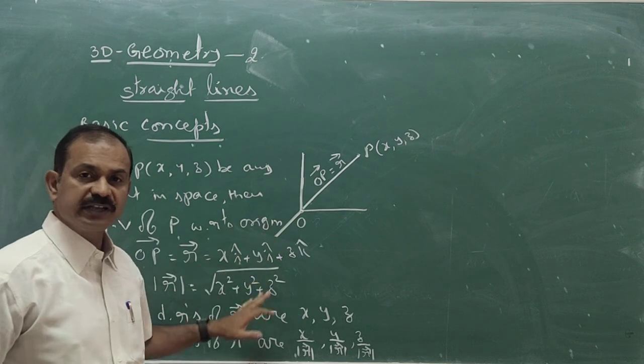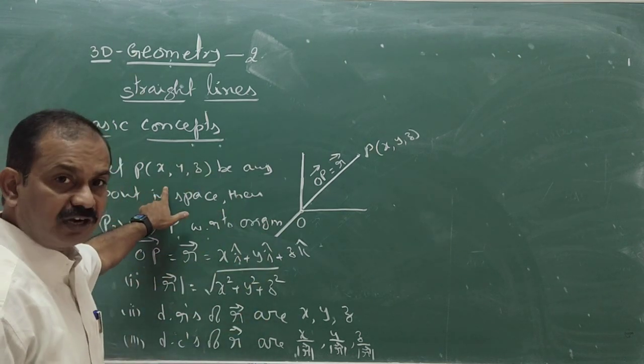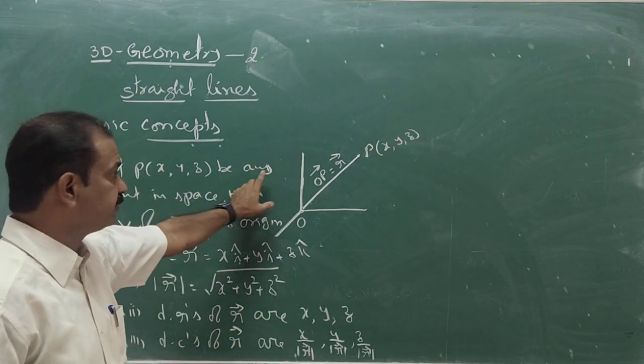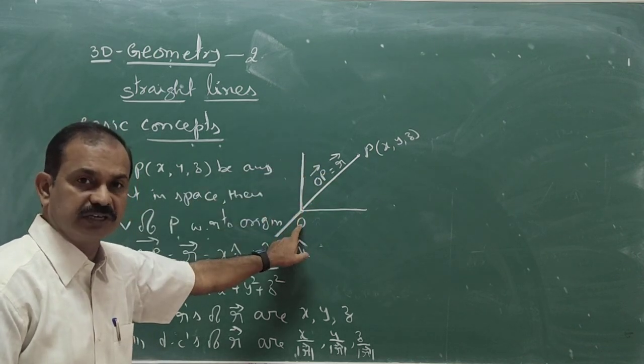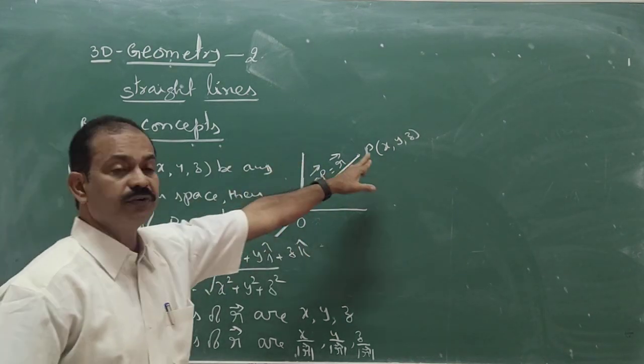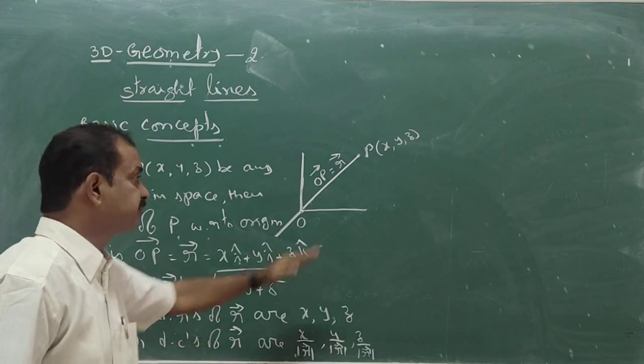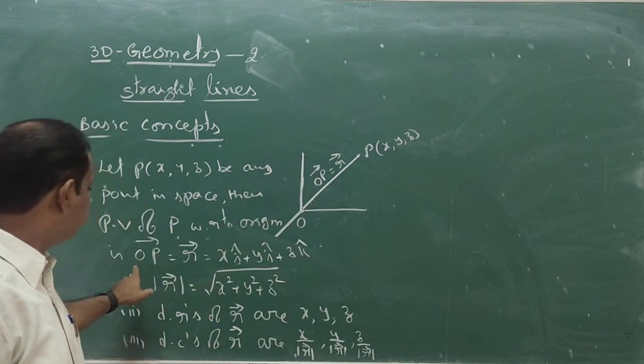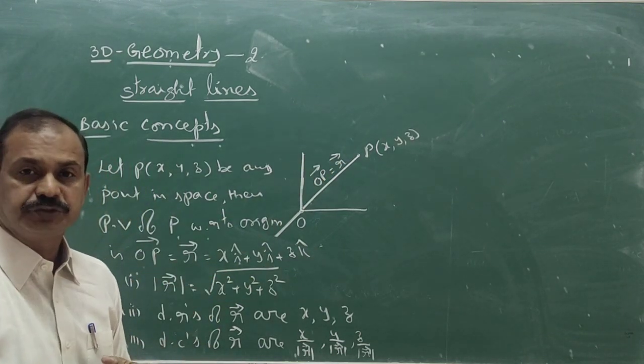I hope the position vector is clear: it is always written with respect to the origin. Then what are the direction ratios of the position vector, what are its direction cosines, and how do you find the magnitude?